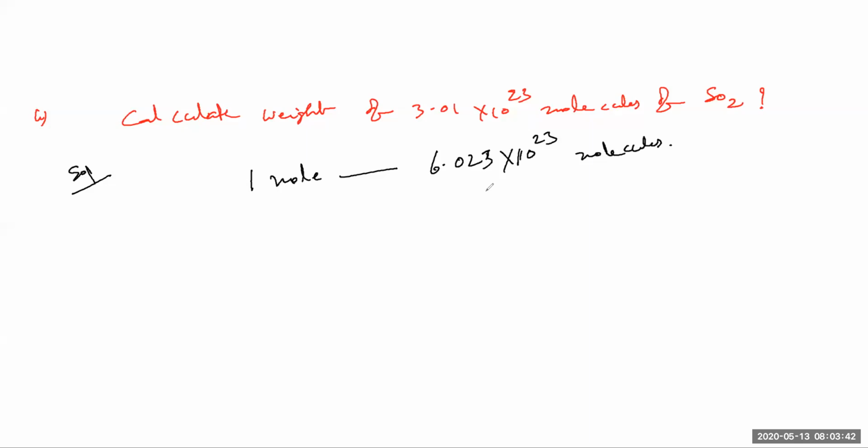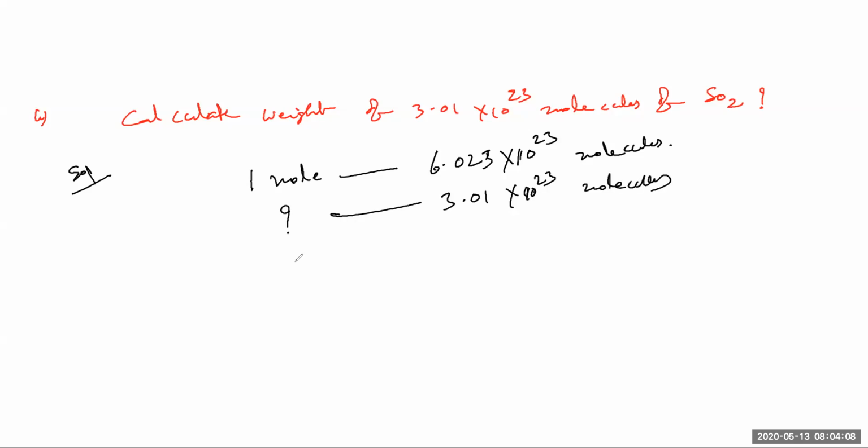Now 3.01 into 10 power 23 molecules means how many moles?